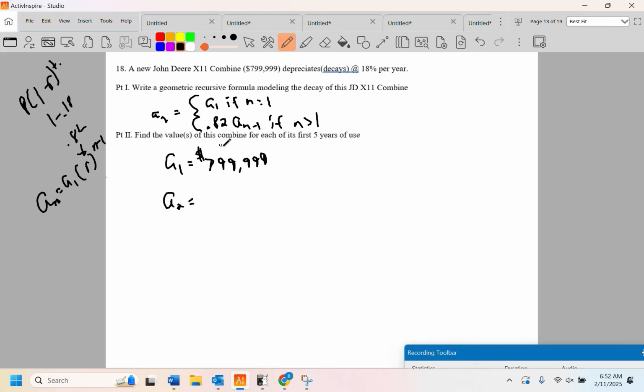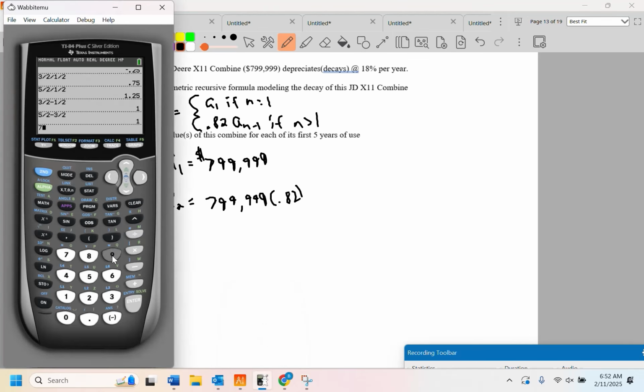The second year, it's going to be the previous term times 0.82. So 655,999.18.